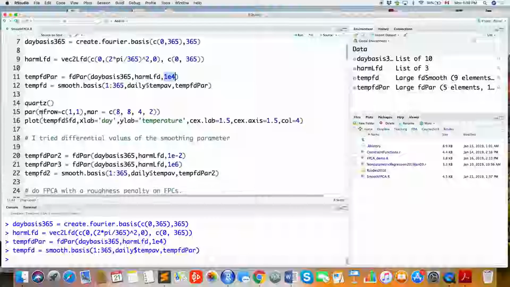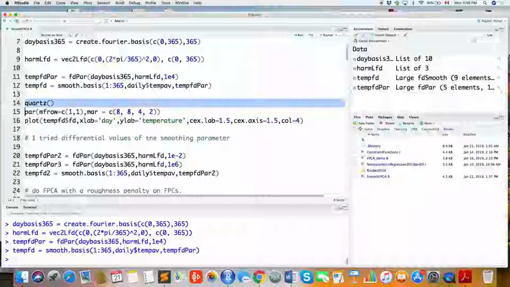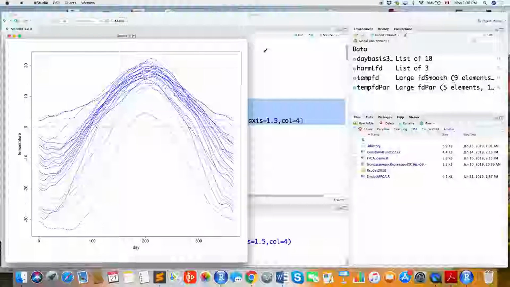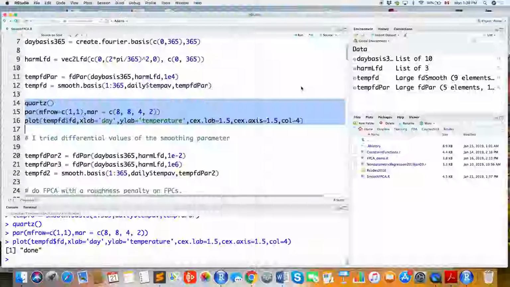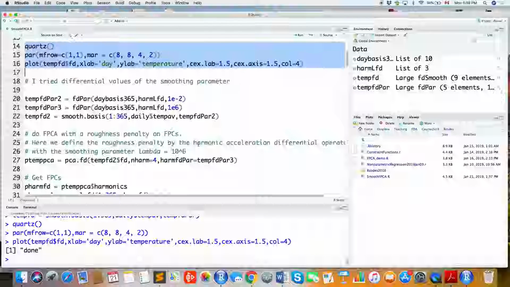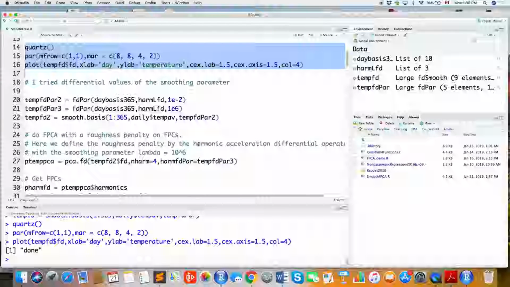Okay. So we can take a look at how the smooth curve looks. So this is the smooth function. I also tried different values of the smoothing parameter.